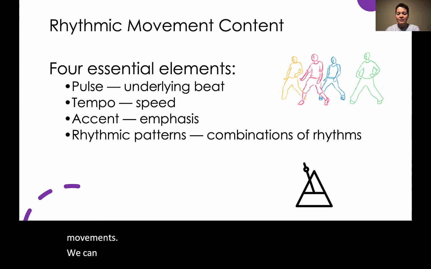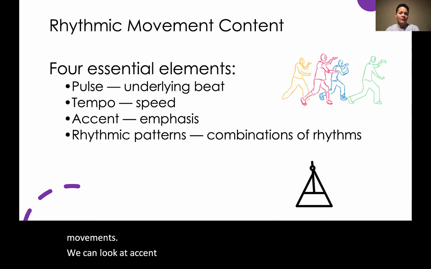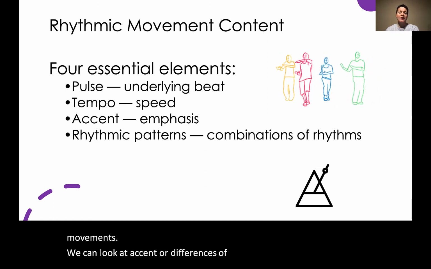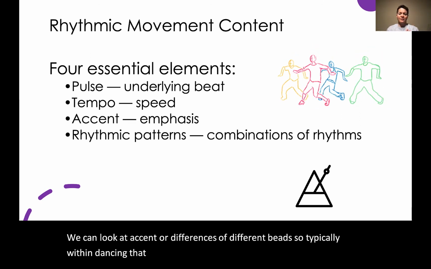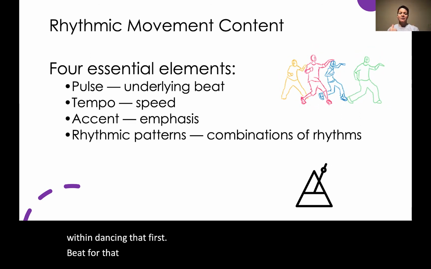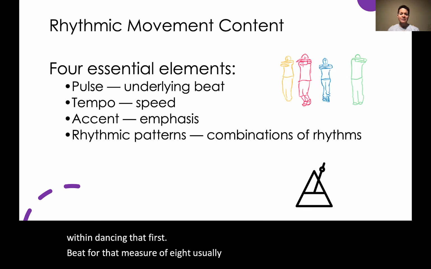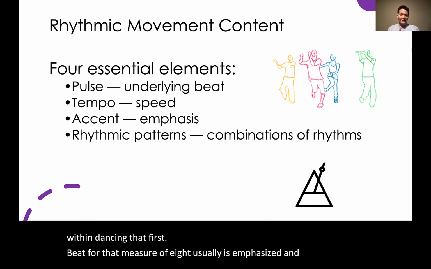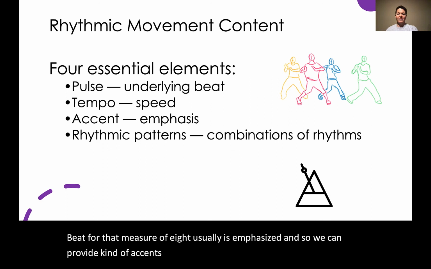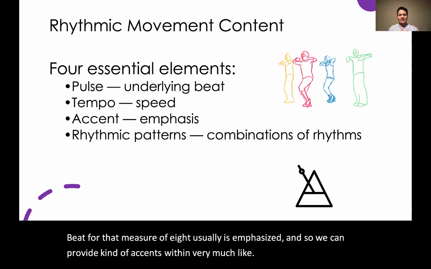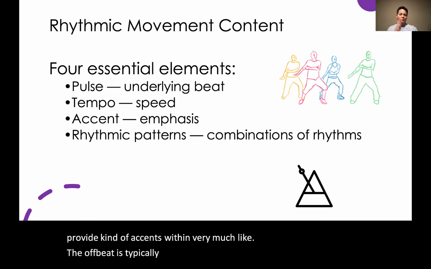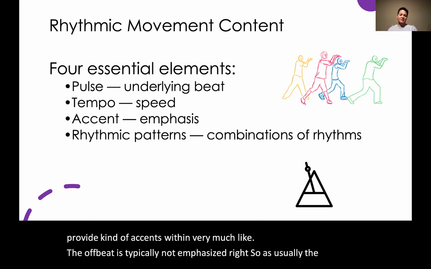We can look at accent, or emphasis of different beats. Typically within dancing, the first beat of a measure of 8 is emphasized, while the offbeat is typically not emphasized. It's usually the main beat that is.